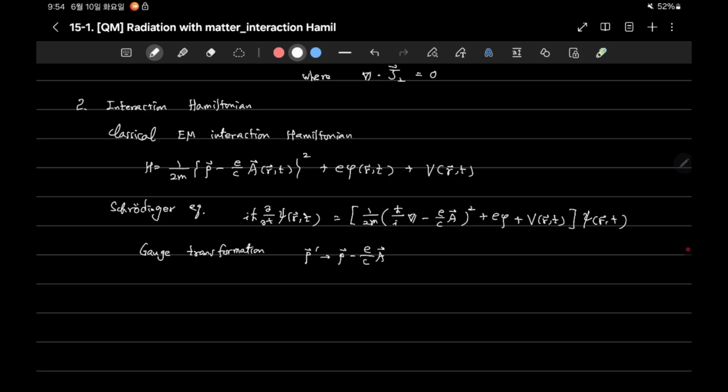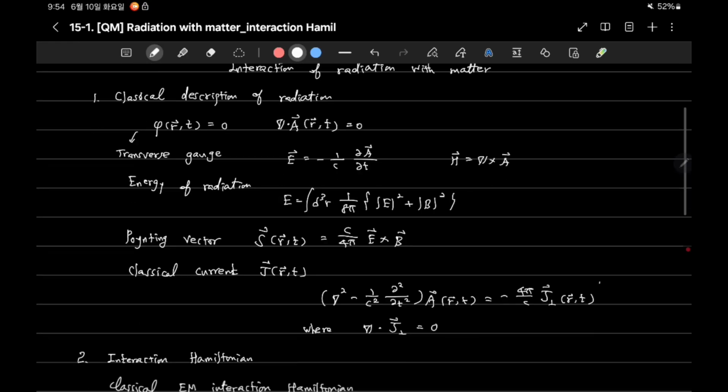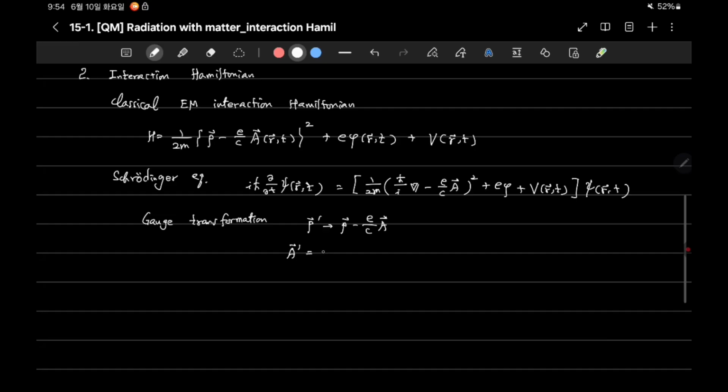Under this transformation, the gauge invariance is that the vector potential A prime equals A plus the gradient of chi.